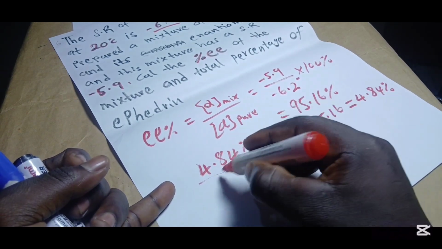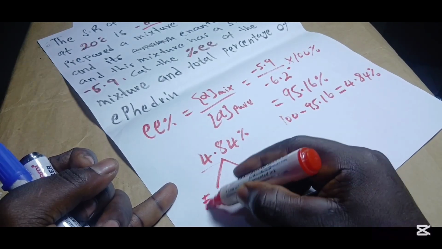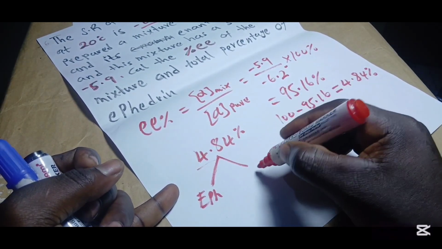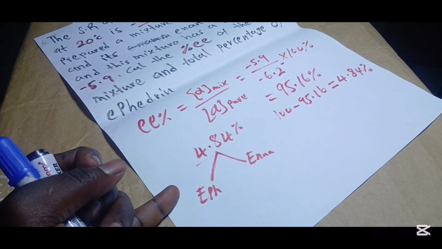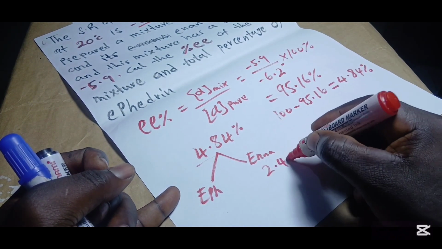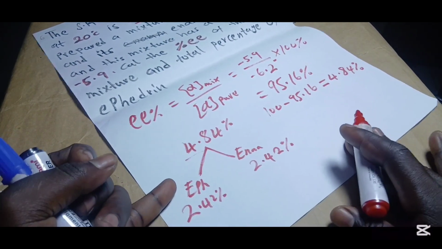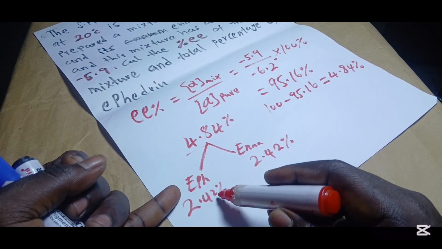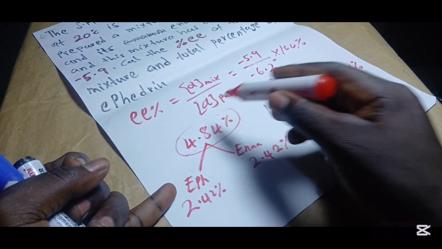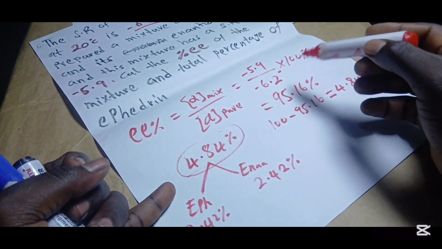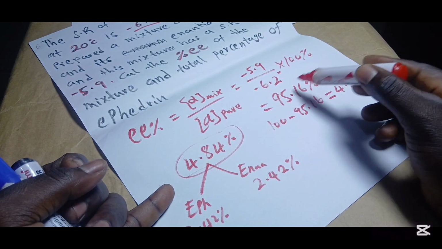If we divide this into 2 exactly, we get the portions of ephedrine and its enantiomer: 2.42% and 2.42%. So 2.42 of the ephedrine and 2.42 of its enantiomer came together to form a racemic mixture of 4.84%. That's why we are not getting the percentage of the enantiomeric excess of ephedrine to be 100%.